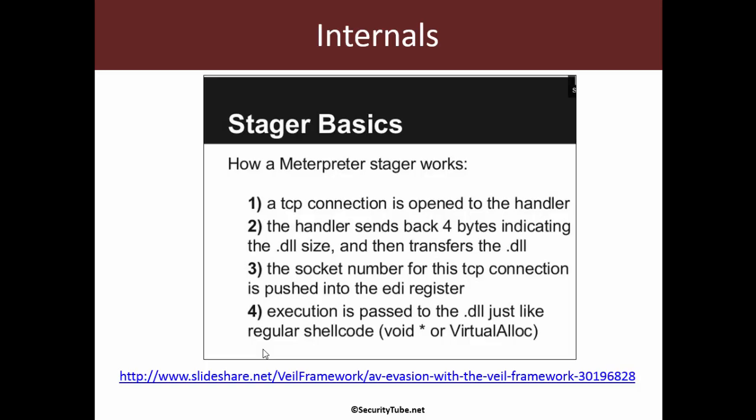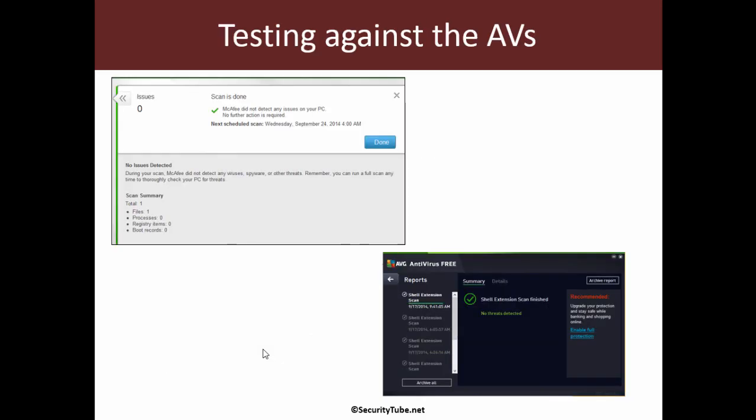This is really the Metasploit DLL, and the socket number is set up in the EDI register. This is so that when the Metasploit DLL runs, it can pretty much use the same socket rather than having to create a new one. And then once this DLL is loaded in memory, control is passed to it and it executes.